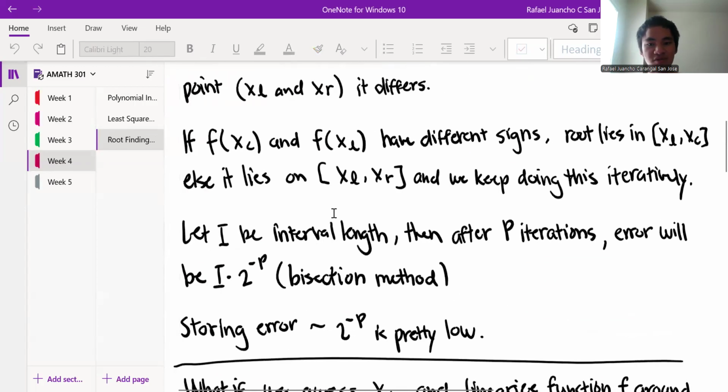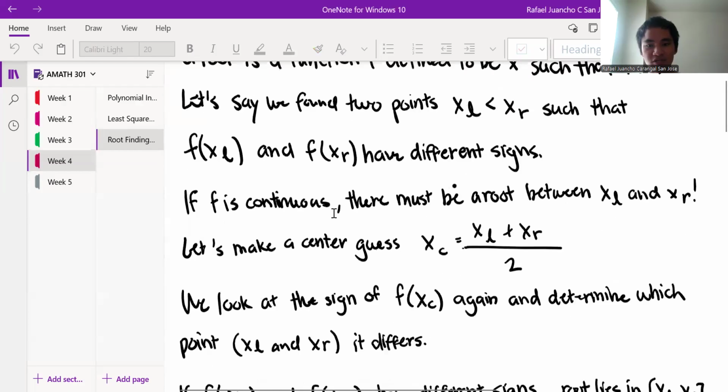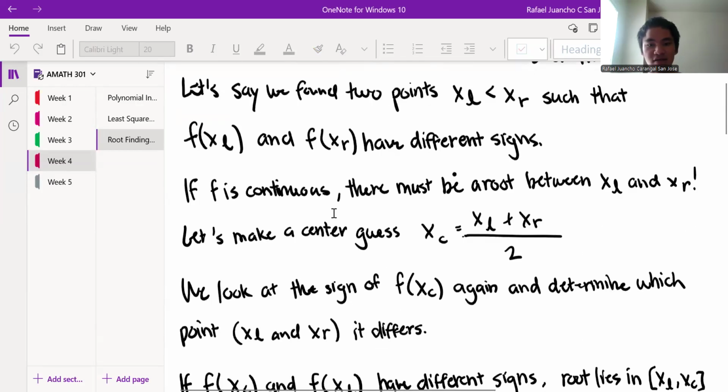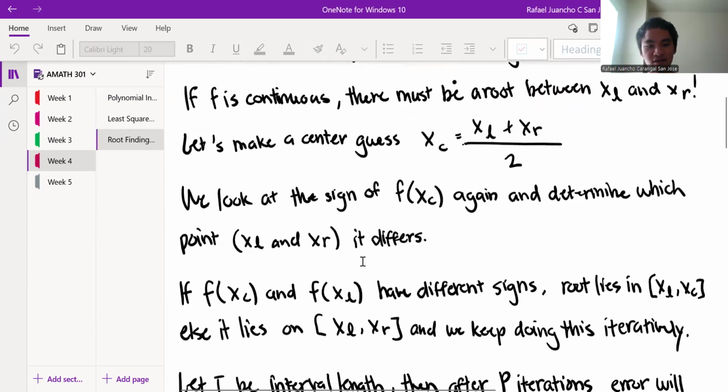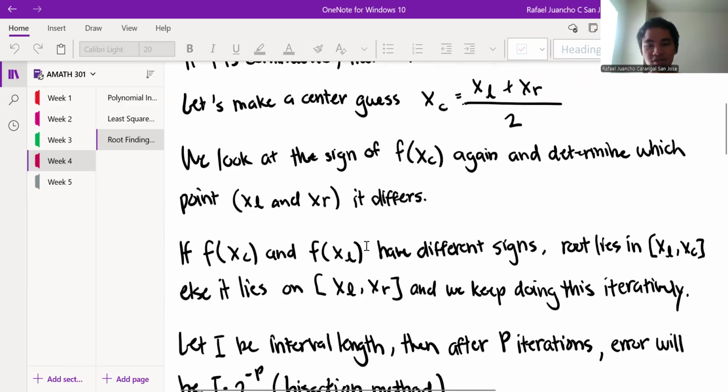One was the bisection method, where we start with 2 points and we say they have different signs. And if our real value function f is continuous, then there must be a root between those two points. And so we get their midpoint or the center. And then we look at the sign again. And if, let's say, this x sub c, that point, and x sub l, so the other point, have different signs, then the root will lie in between x sub l and x sub c, right?